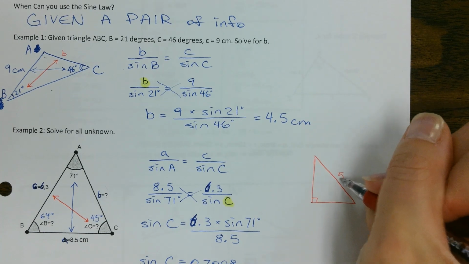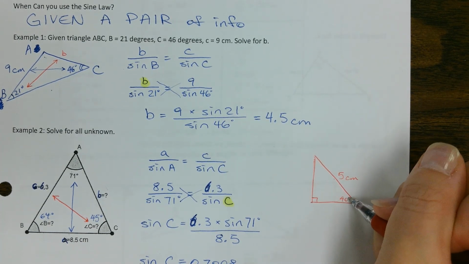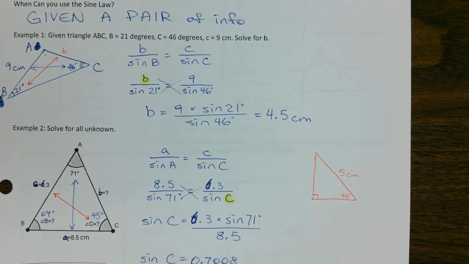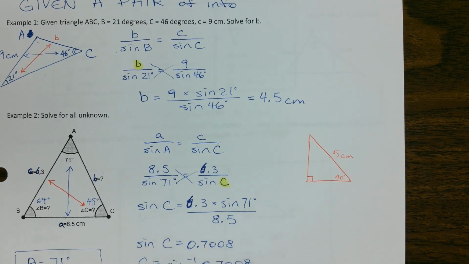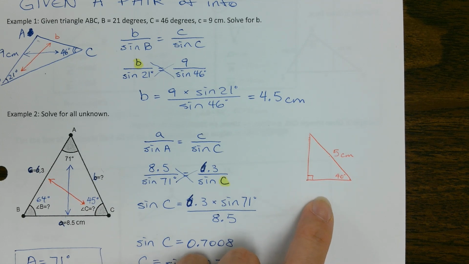Okay, 5 centimeters, and let's say I'm given the angle 40 degrees. Can I use the sine law? Who says yes, I can use the sine law? Who says no, I cannot use the sine law?